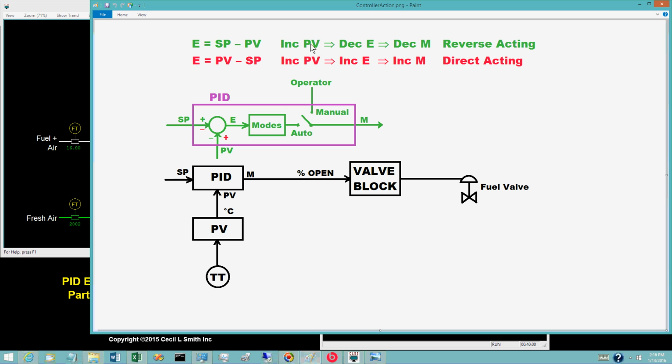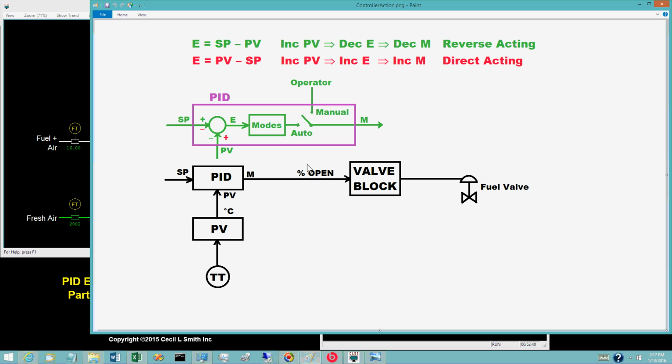An increase in the PV decreases the control error E. That is, E becomes less positive or more negative. On a decrease in the control error E, the PID control logic in the modes block decreases the controller output M. Consequently, an increase in the PV causes the controller output to decrease. By the terminology used in the process industries, this controller is reverse acting.